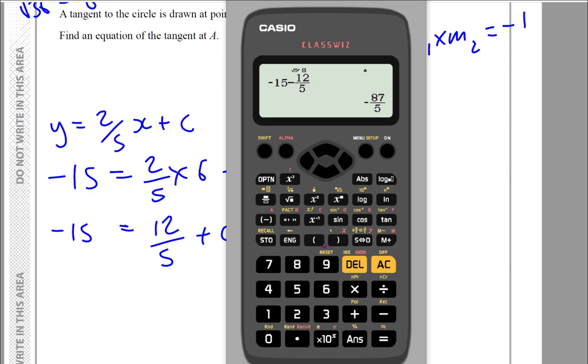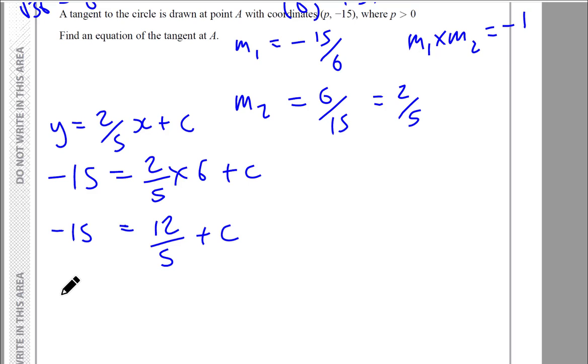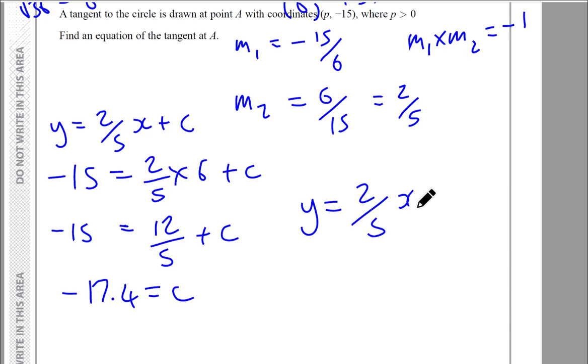That's 87 over 5. Let's do that. That's minus 17.4. So minus 17.4 equals c. So we can write y equals 2 over 5x minus 17.4.